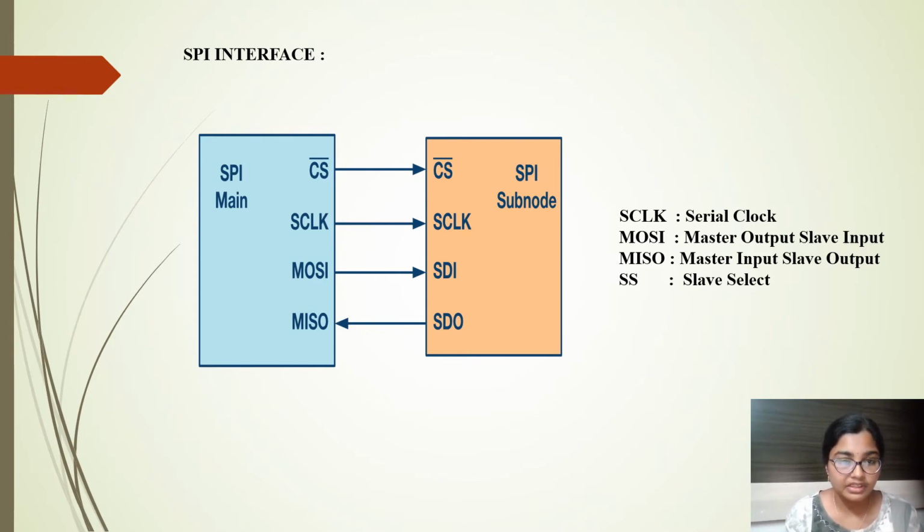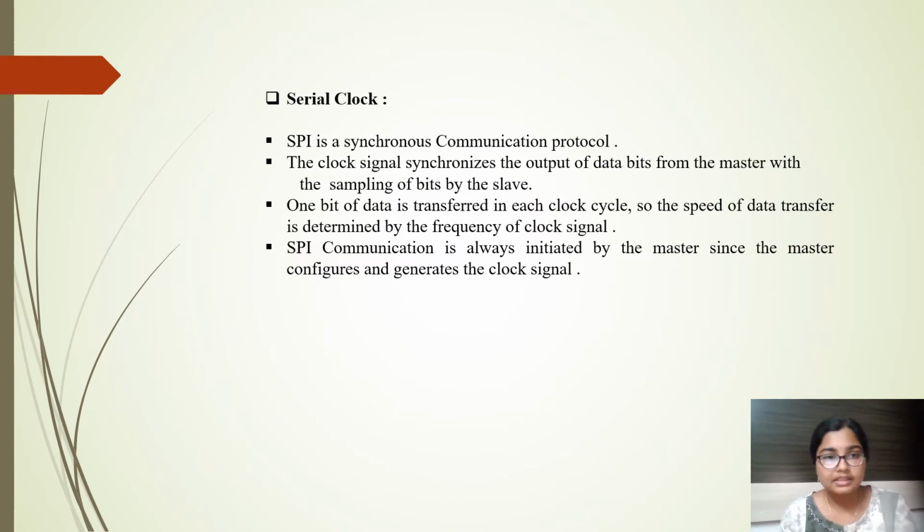These are the interfaces. As discussed, SPI is a synchronous communication protocol, and 1 bit of data is transferred in each clock cycle, so the speed is determined by the frequency of the clock signal. SPI communication is always initiated by the master, because the master configures and generates the clock signal.